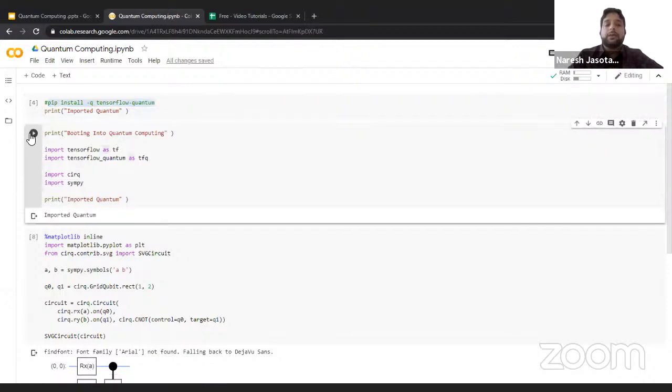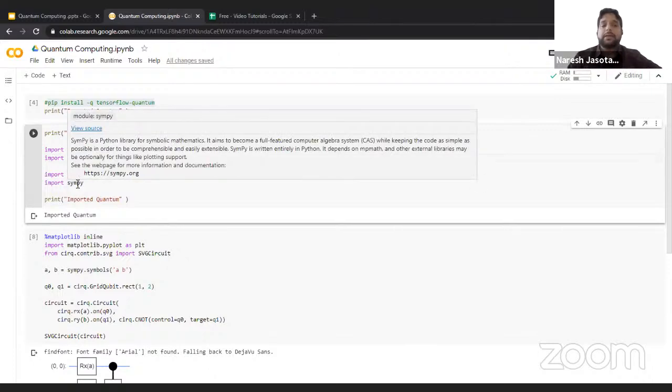And I run this. This is the Python language, and teaching you Python is out of scope of this webinar. So import tensorflow as tf, import tensorflow_quantum as tfq. TFQ is an alias for the imported tensorflow_quantum library. Import cirq, remember the framework, and sympy, which is a Python library for symbolic mathematics.